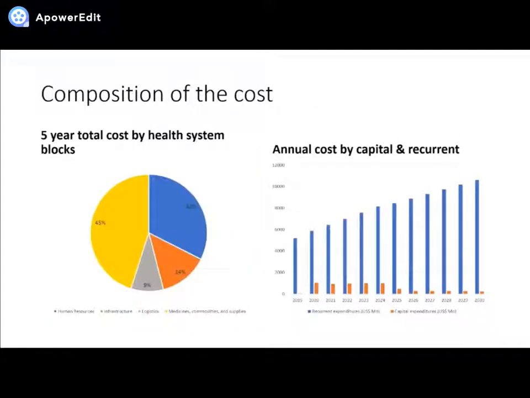And out of them, we found that most of these costs are incurred on drugs and supplies, followed by human resources, then infrastructure, and then logistics, of course the 20%. And the costs are mostly recurrent in nature, with relatively low infrastructure and capital investment in the primary healthcare system in Indonesia. At least it is not planned.